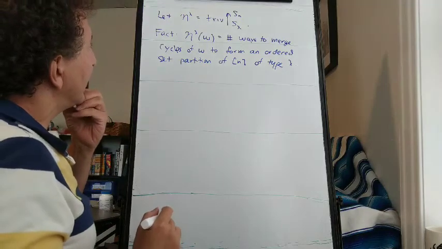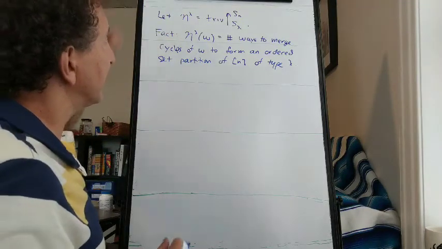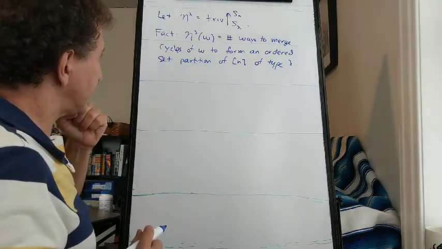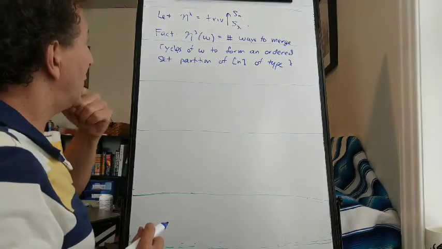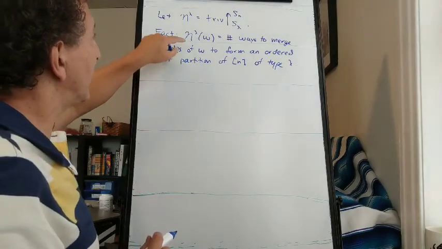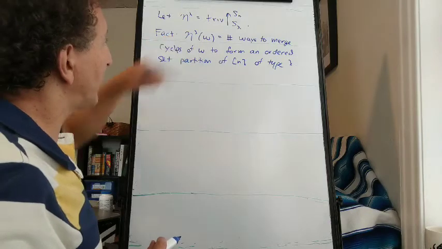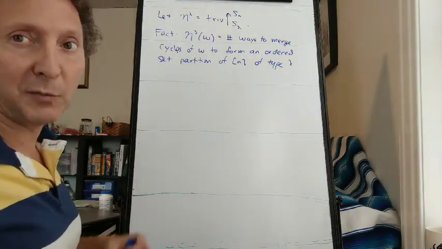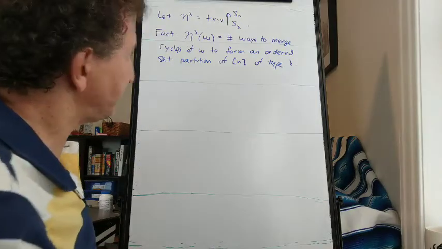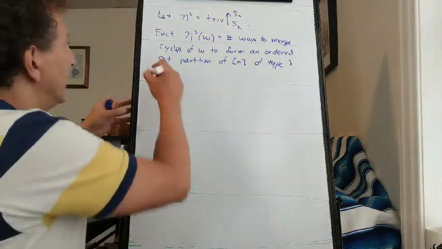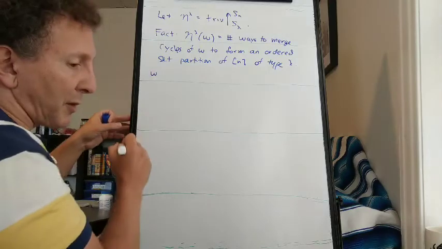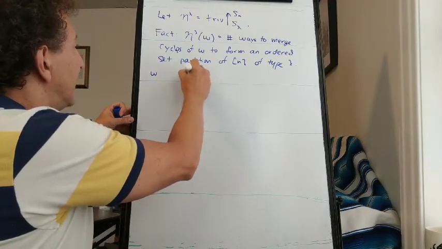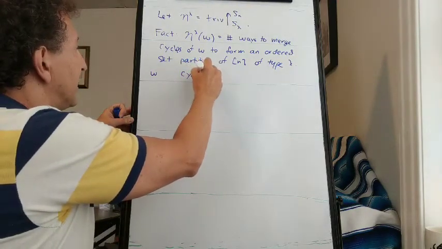Now, this is a class function because it's a character. So it's sufficient to do the evaluations for one permutation of each cycle type, because if there's two permutations that have the same cycle type, we're going to get the same answer. So let's write down a couple permutations and their cycle type.